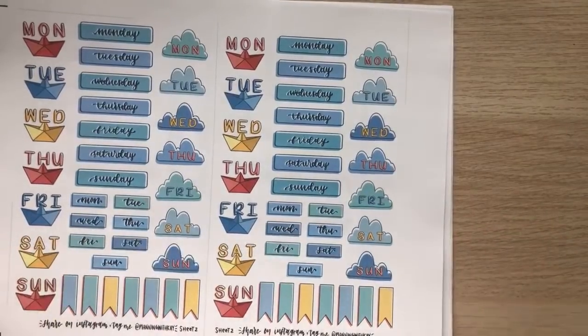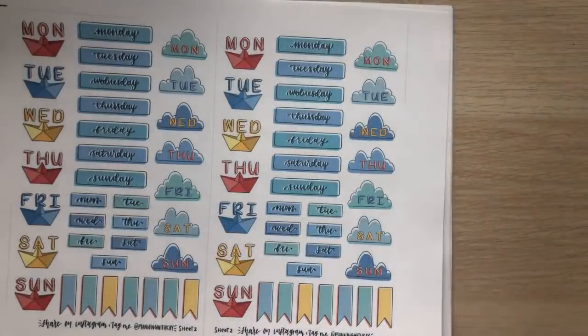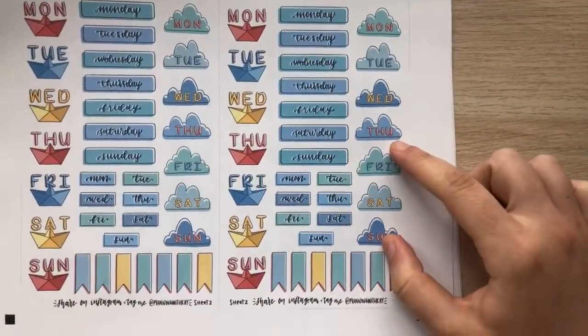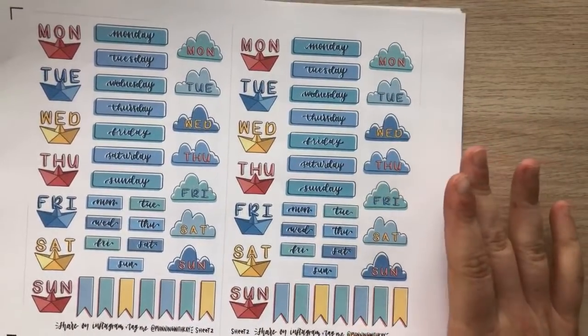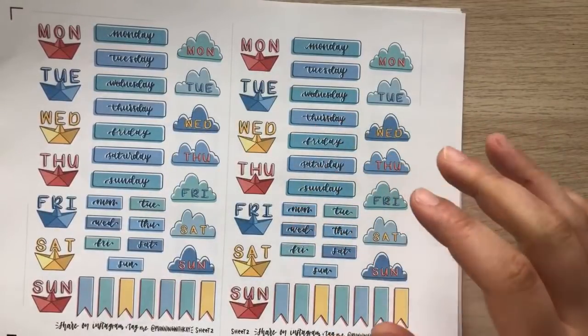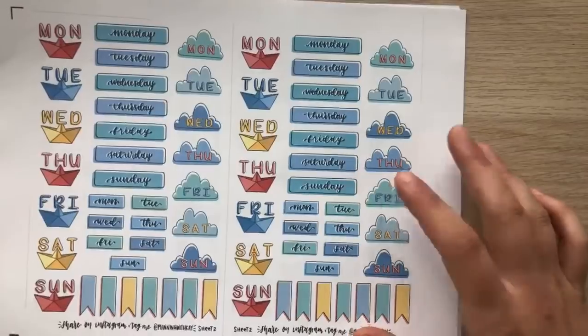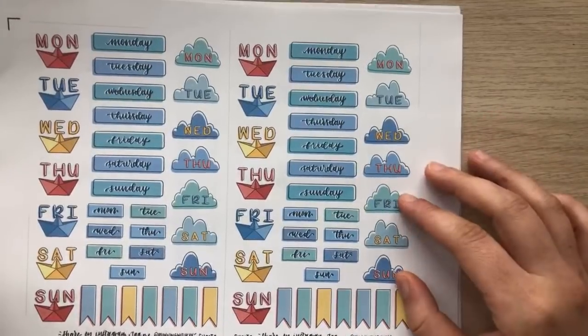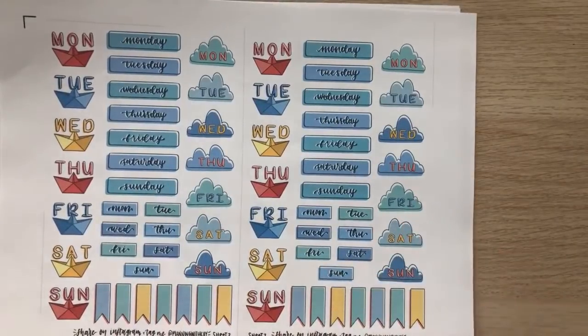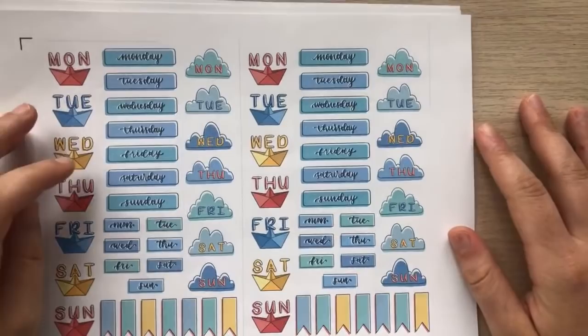Because if you want those monthly spread headers instead, I can just design those right now on this stream. But if you prefer to have all of the weekly headers and banners like there is here, then I'll leave it how it is and I won't include the offset monthly spread headers. I hope that makes sense. Let me know in the chat right now what you would prefer. And yeah, I'll just wait to see.